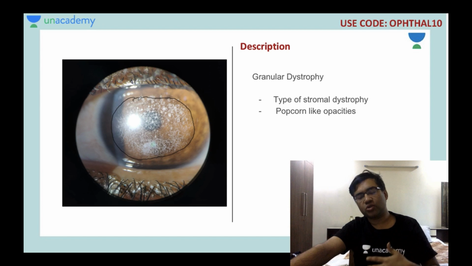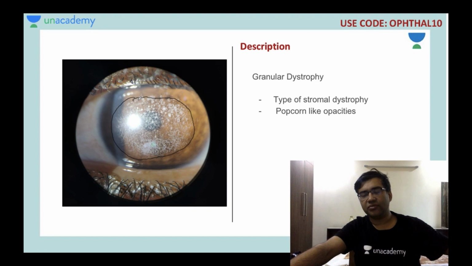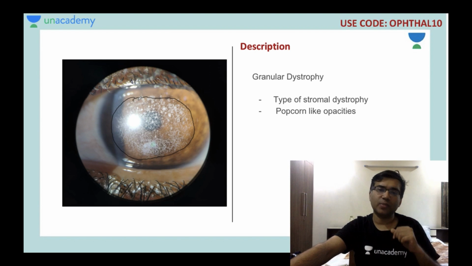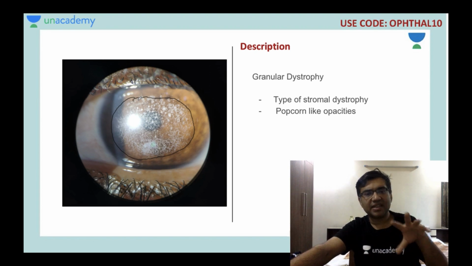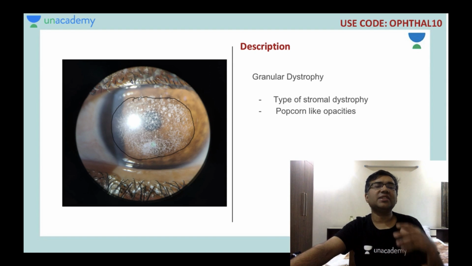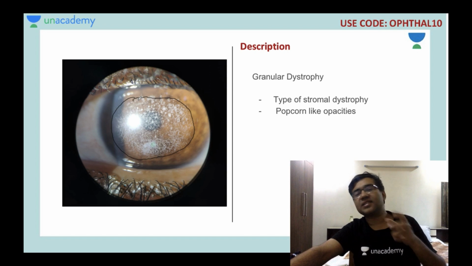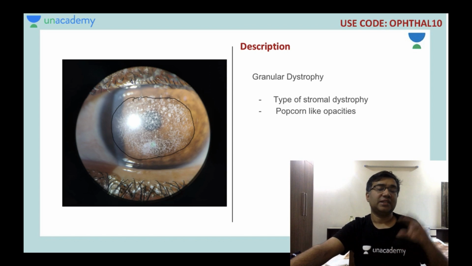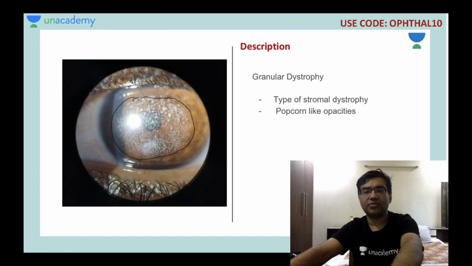So they can give you a picture and say the vision is 6/9, what is your diagnosis? Your diagnosis would be granular dystrophy. If they give you a similar appearance with a ground glass appearance of the whole central cornea with no clear area, and the vision is, let's say, 1/60, finger counting close to face, then your answer would be more towards the diagnosis of macular dystrophy.